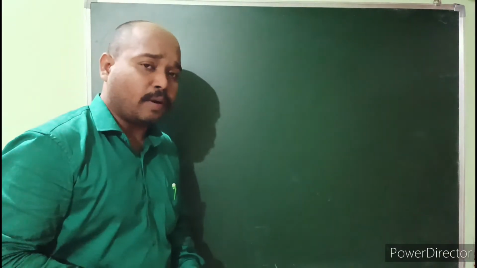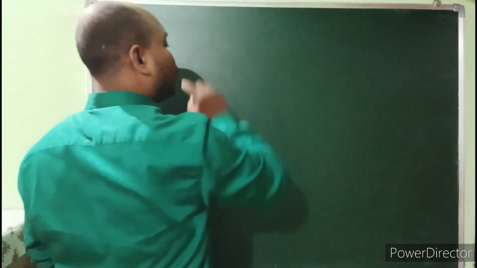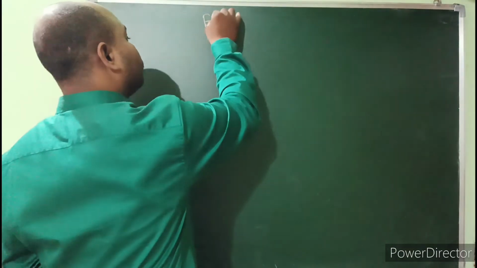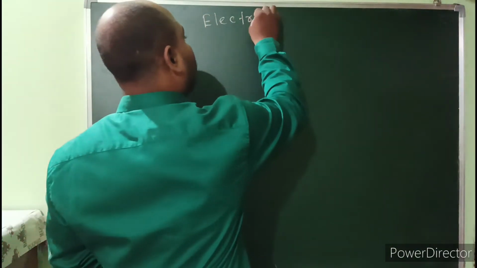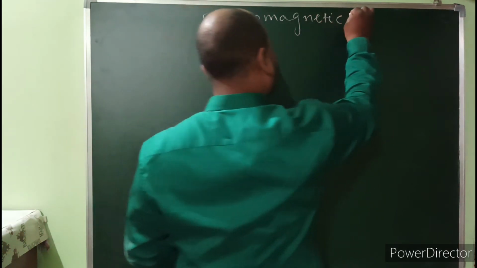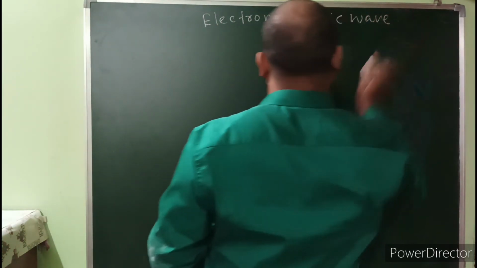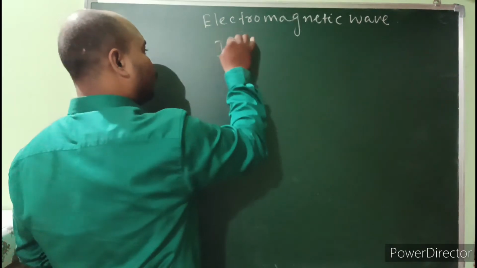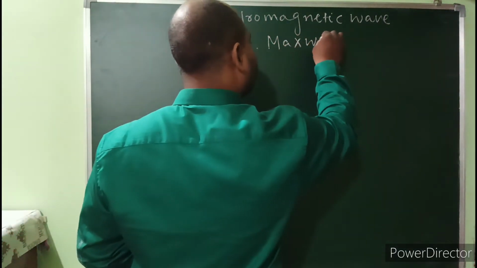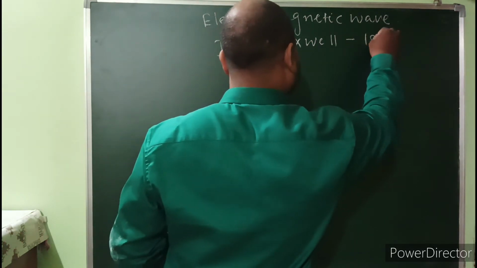Now we will discuss James Clerk Maxwell's theory about electromagnetic waves. We will discuss the electromagnetic wave topic, explained by James Clerk Maxwell in 1856.